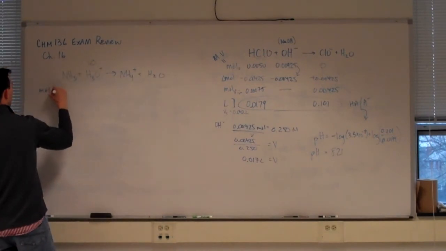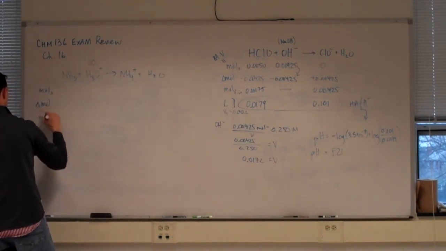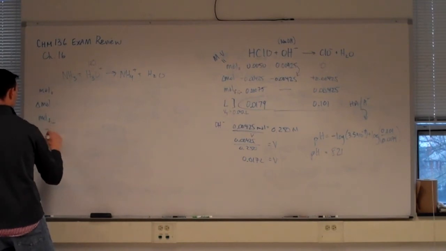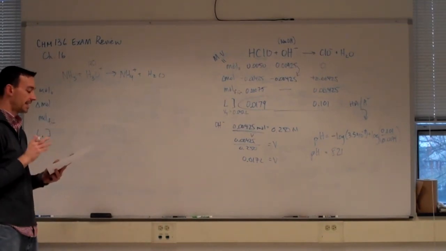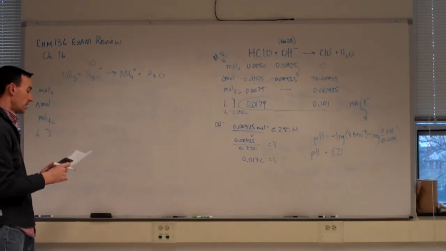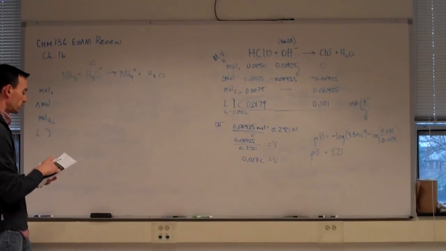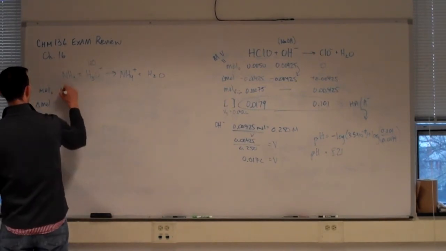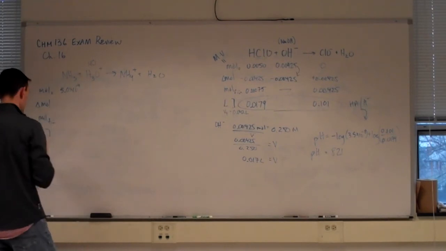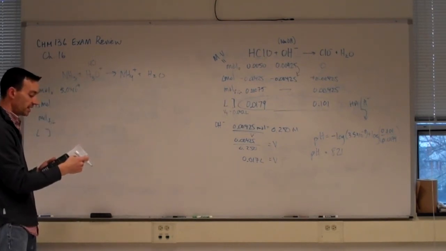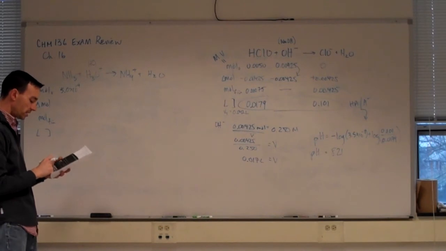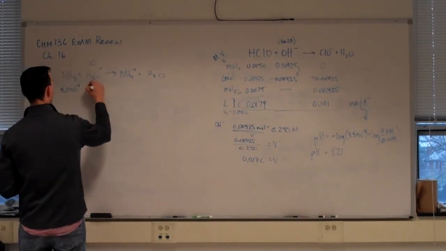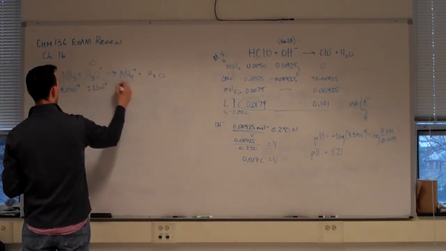Again, we'll work our table in moles, and add our concentration row at the end. So this time, 25 milliliters of our ammonia, so 0.025 liters times 0.02 molar. It's 5 times 10 to the minus 4 moles. And then our strong acid, 28.2 milliliters times 0.01 molar, 2.82 times 10 to the minus 4.